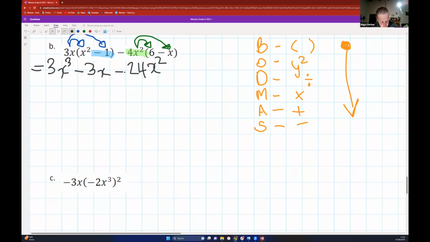Remember, I did not use my negative yet. This negative, I'm not using at this moment. I left it here. I'm not multiplying out my negative yet. Good. The right answers are coming in now. It's going to be negative 4x cubed.